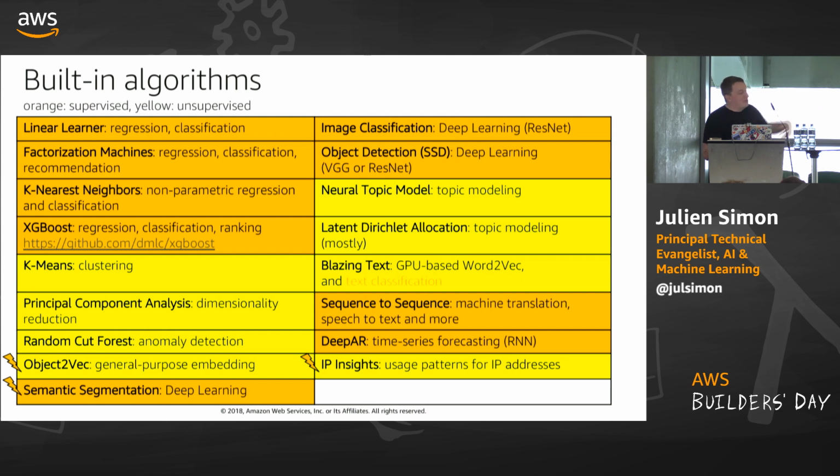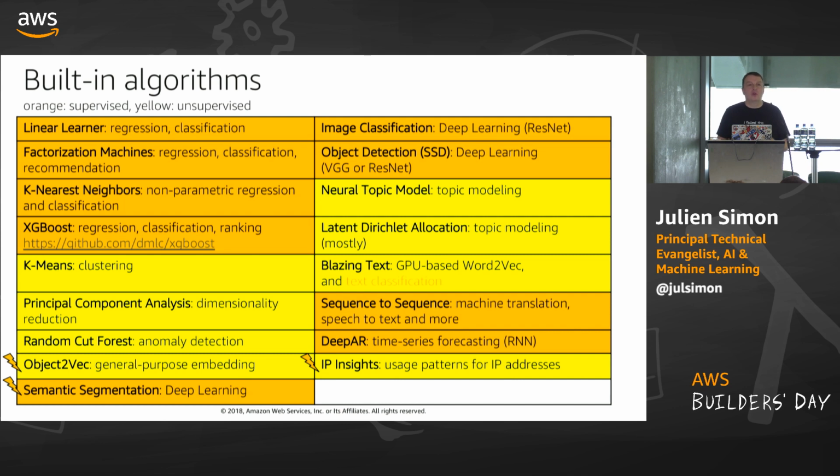And we also have some slightly more advanced things, like anomaly detection, BlazingText, which I'll show you in a minute, which actually Amazon invented, DeepAR for forecasting, that also was invented by Amazon, and a few deep learning ones for classification, detection, and segmentation. So it does cover quite a lot.